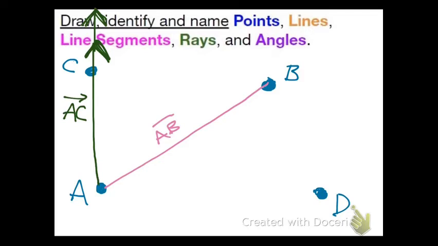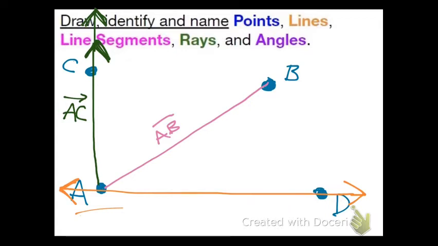Okay, next thing we're going to talk about is a line. A line is a line segment, but it's similar to a ray as well. But what do you notice that's different about it as I make it? A line goes in both directions, A to D, but it extends on and on in both directions.